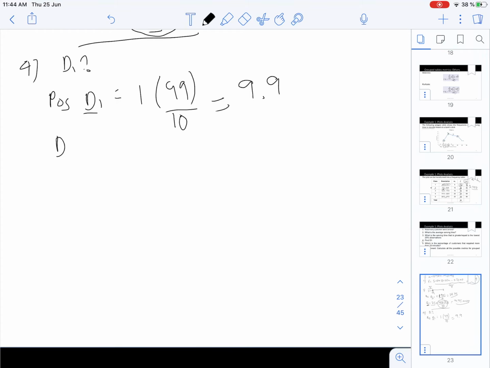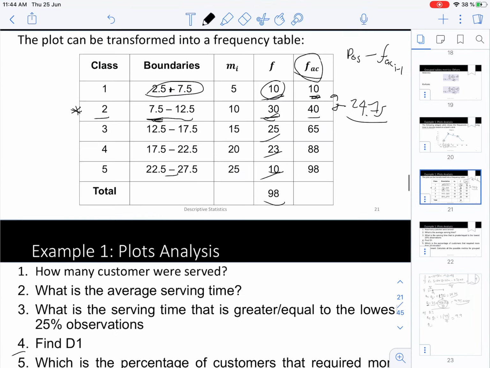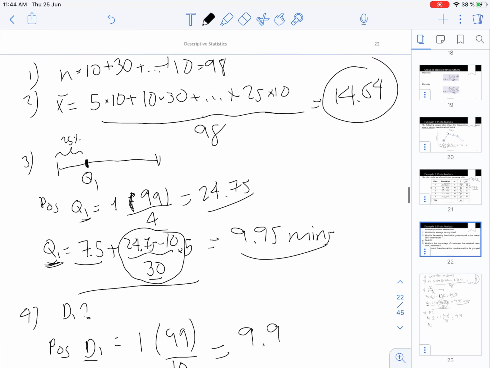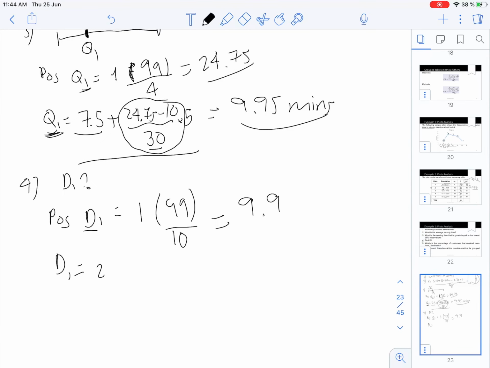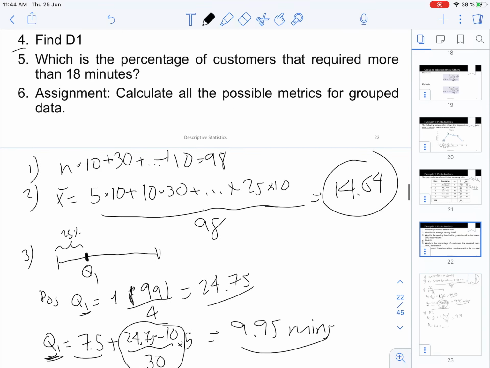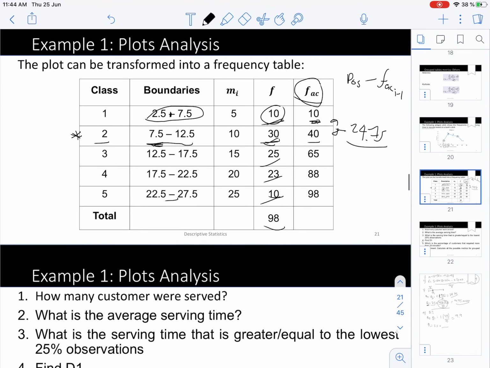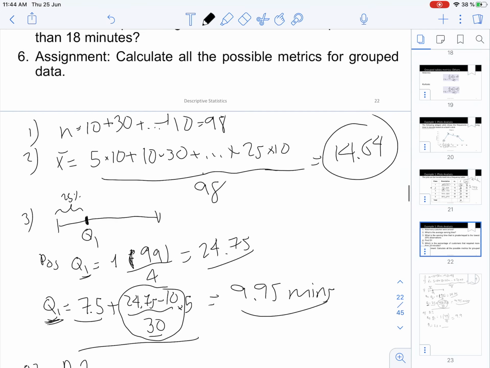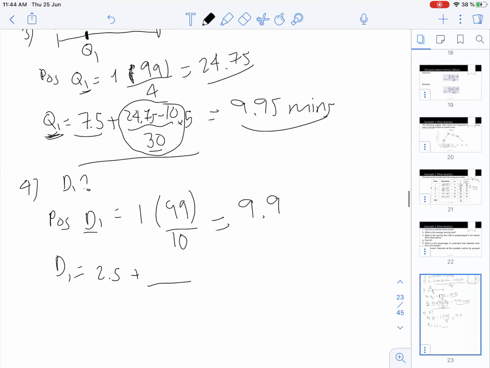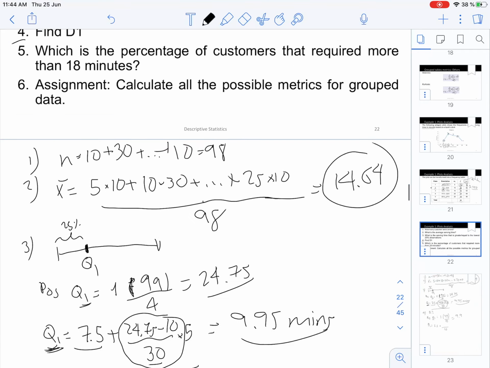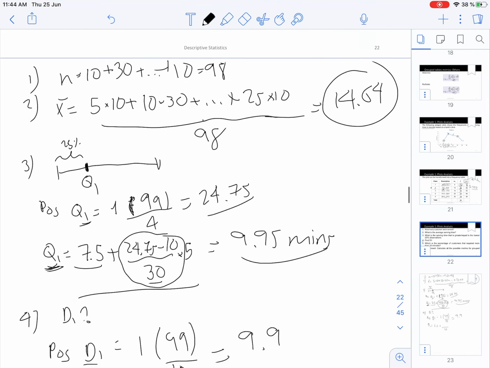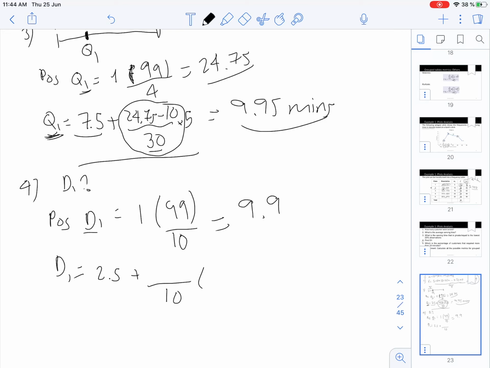Okay, so let's find now D1 using the quantile equation. Lower boundary 2.5 plus, so we need the frequency, F, which is 10, and the amplitude is the same, 5.